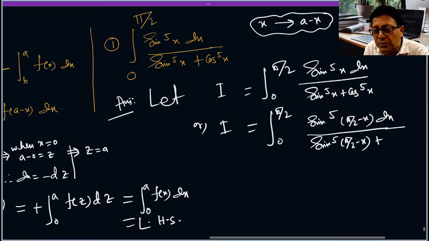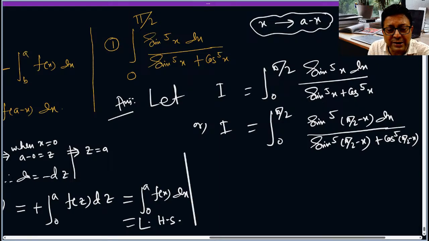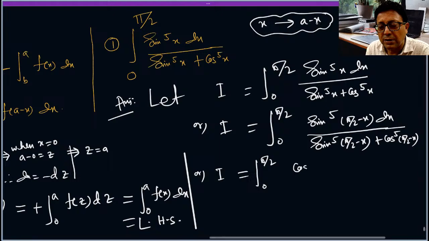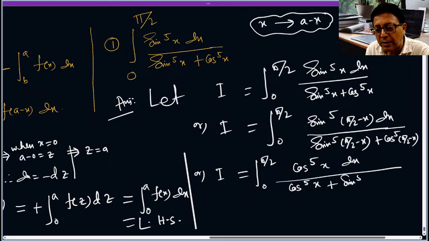you understand this transformation? Yes. cos⁵(π/2 − x), okay, or I equal to sin⁵(π/2 − x), this divided by... what have you got by using the property?